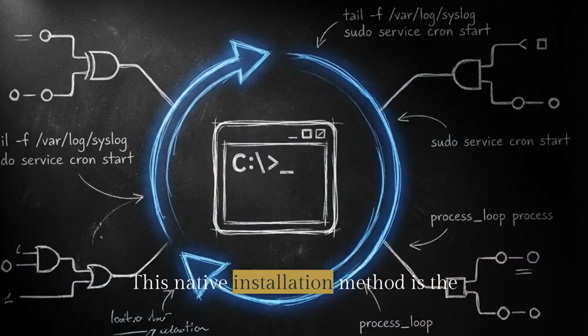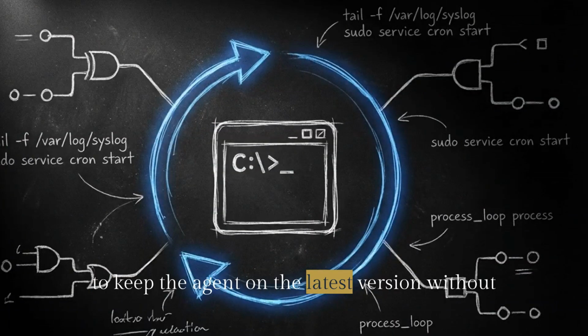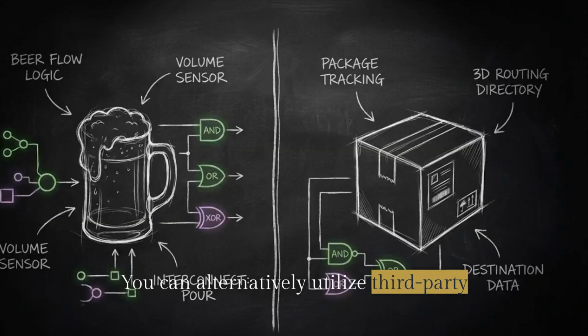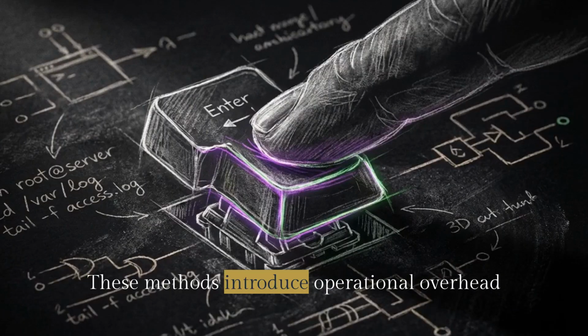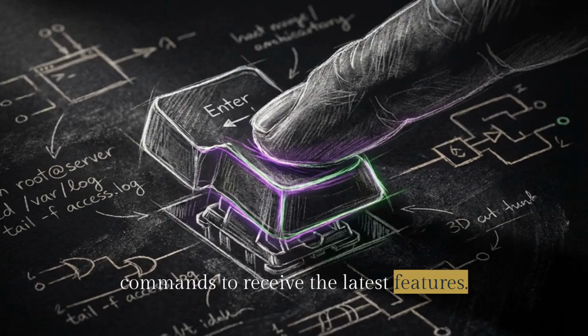This native installation method is the recommended path. It includes built-in background auto-updating to keep the agent on the latest version without manual checks. You can alternatively utilize third-party package managers like Homebrew or Winget. These methods introduce operational overhead, as they require you to manually run upgrade commands to receive the latest features.